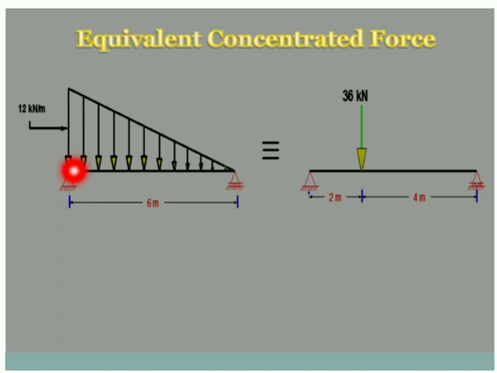Where is the CG? 1/3 from the left side, that is 1/3 of 6 is 2, and 2/3 from the right side, that is 2/3 of 6 is 4. So both are equal. When we have to do analysis, if you get this similar figure or UVL, you have to convert it first into a point load and then consider it for analysis. This goes easy.